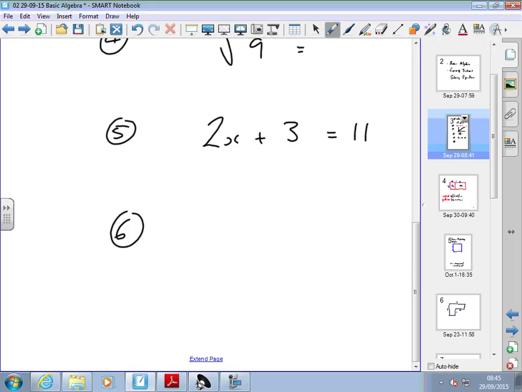Number 6. Write that number down in engineering notation. And also, if this was an energy in joules, what would be a suitable prefix?